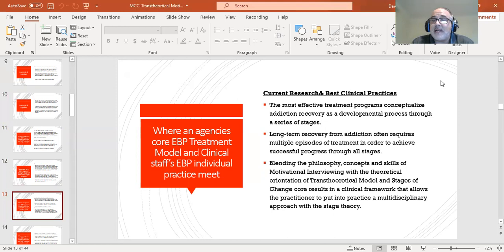Blending the philosophy, concept, and skills of motivational interviewing with the theoretical orientation of the Transtheoretical model, the stages of change, results in a clinical framework that allows the practitioner to put into practice a multidisciplinary approach with the stages theory. So what I'm saying there is that all that stuff we're trained to do is great stuff. It's about matching it where it's appropriate.